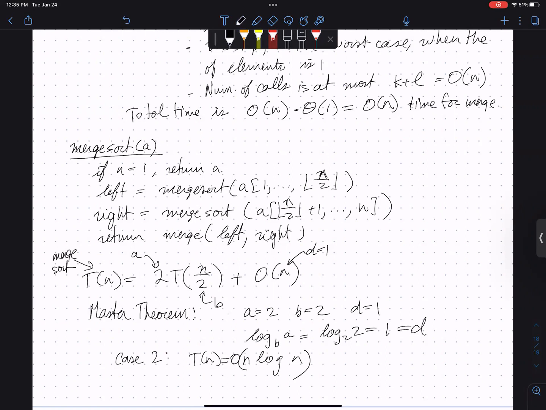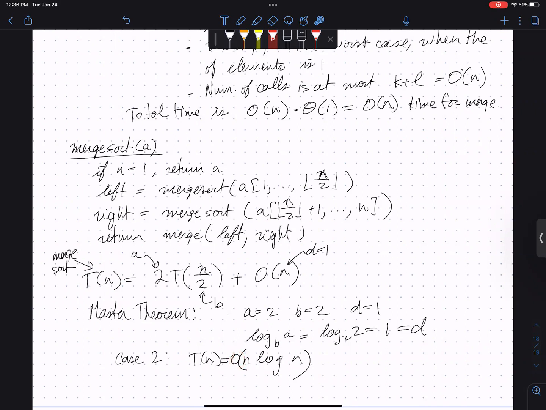The difference between T notation and asymptotic notation? T of n is just a function that represents the number of steps your algorithm takes. Different algorithms will have T of n given by a different formula.